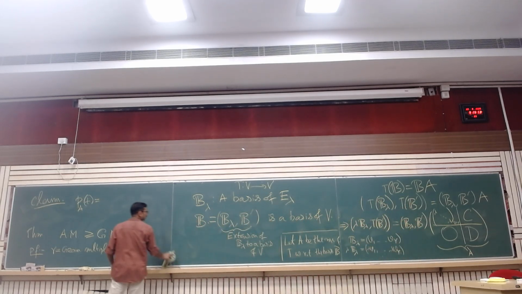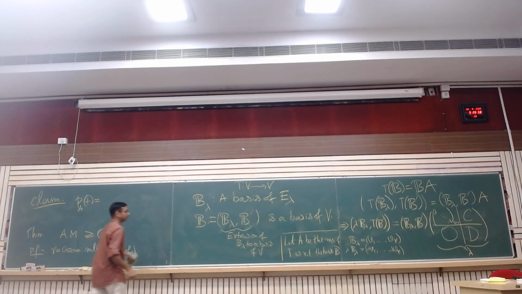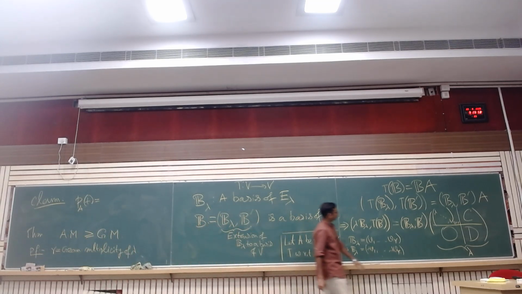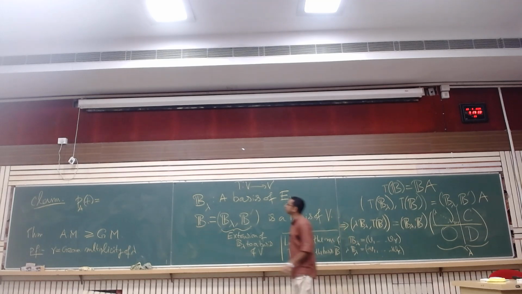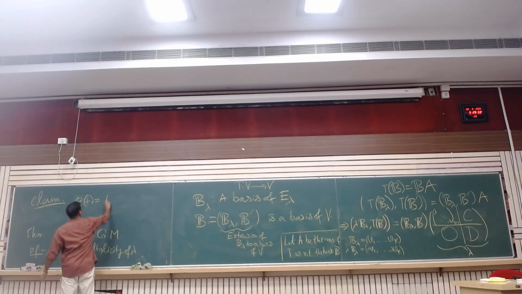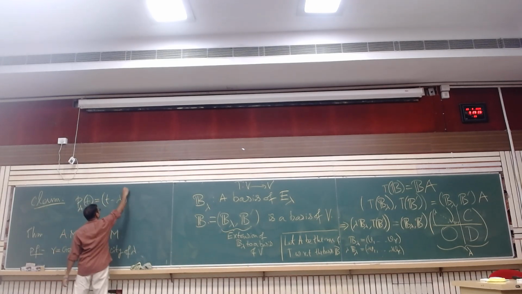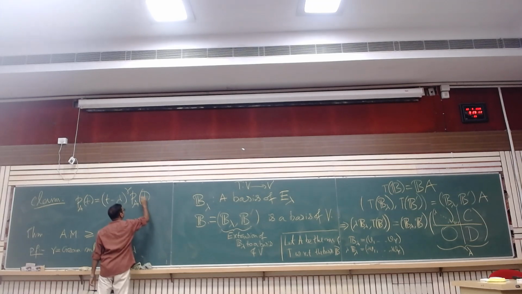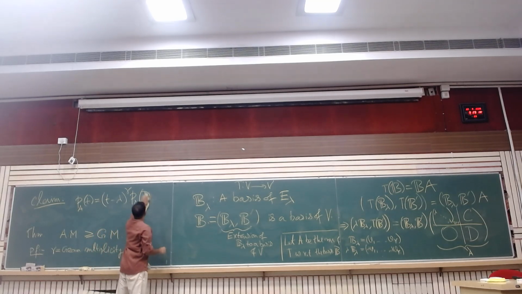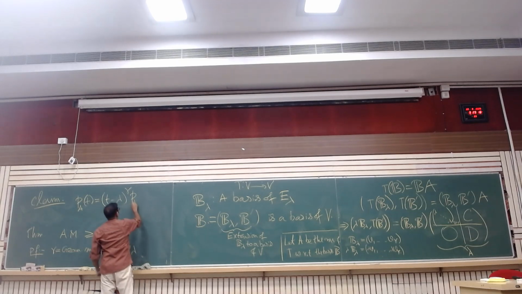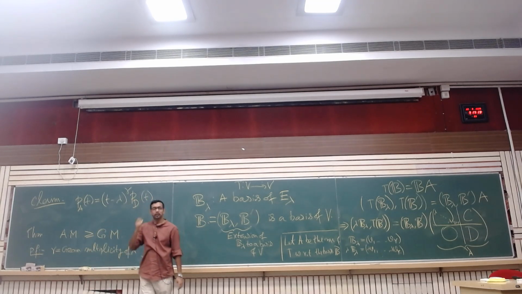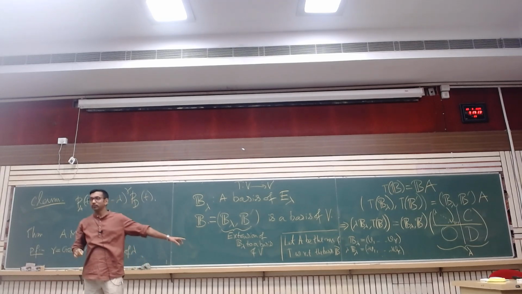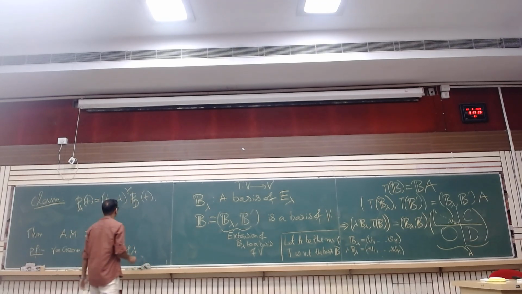Okay. Now, what we are going to do, we are going to write a claim: the characteristic polynomial of this will have the form (t minus lambda) to the power r, times the characteristic polynomial of D. Note that if we prove this claim, then we are done. Why?